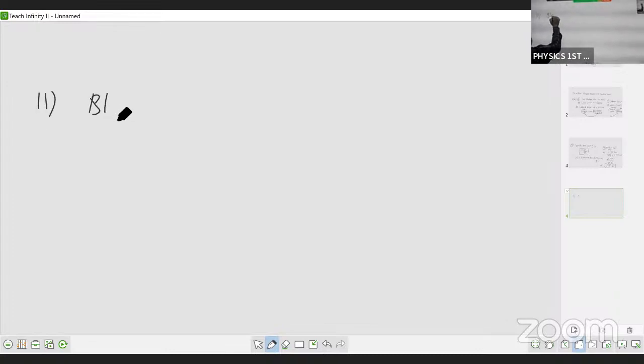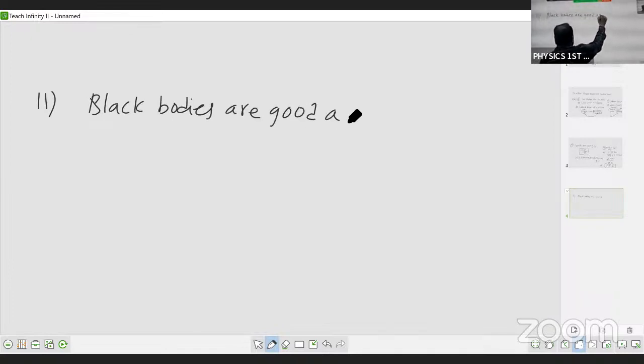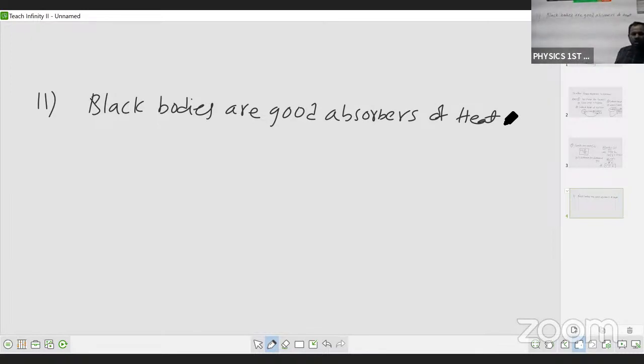Black bodies are good absorbers of heat. Yesterday we discussed a body that is a good absorber means good emitter. A body that is a poor absorber means poor emitter. This point was given by Kirchhoff.